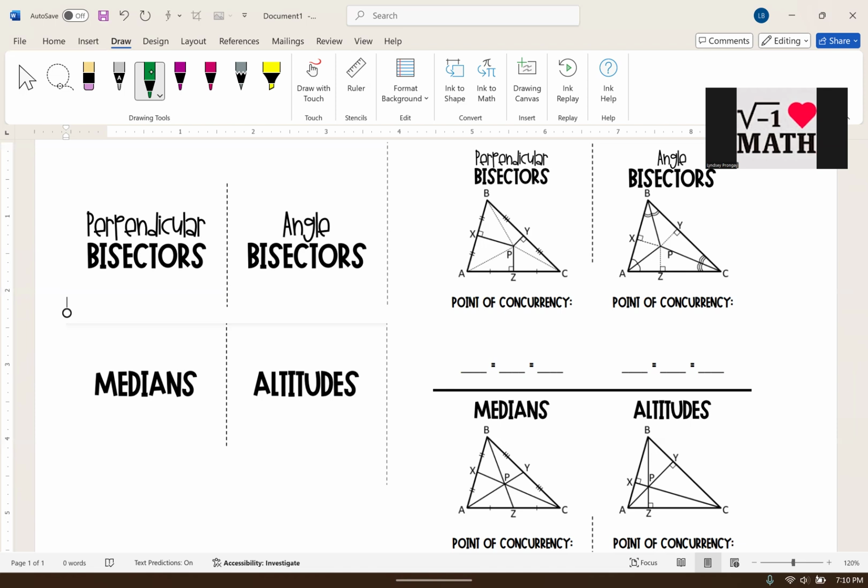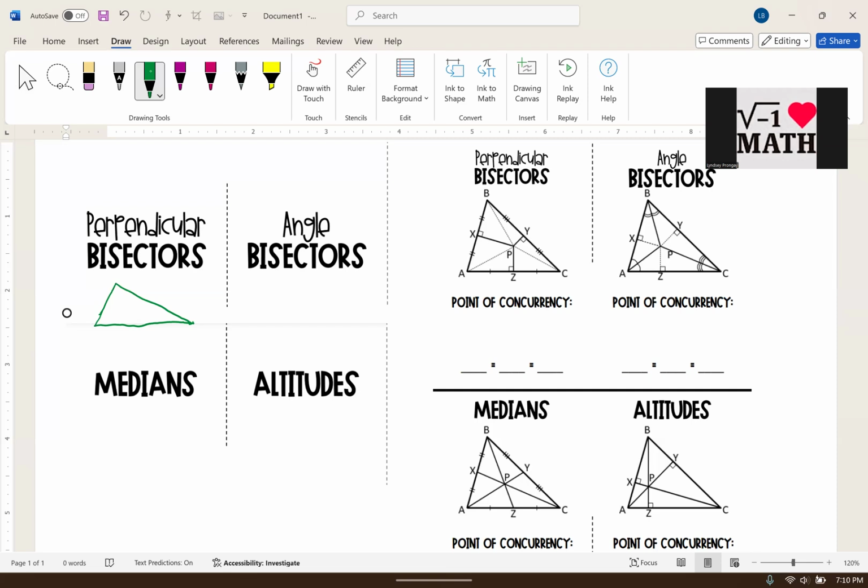For each of these, we're going to draw a triangle. I'm going to do my best to not make it an isosceles or an equilateral triangle. I'm just going to do a scalene triangle here. Forgive my crookedness. Here's our triangle. A perpendicular bisector is going to hit one of the sides in a way that bisects it and is perpendicular to that side.